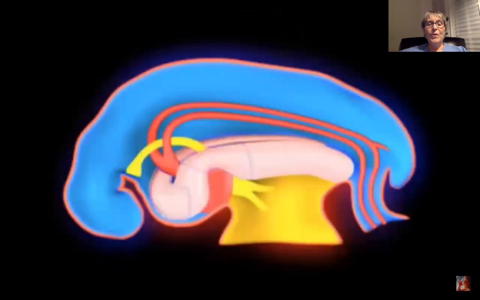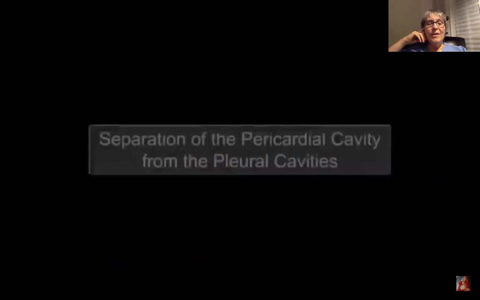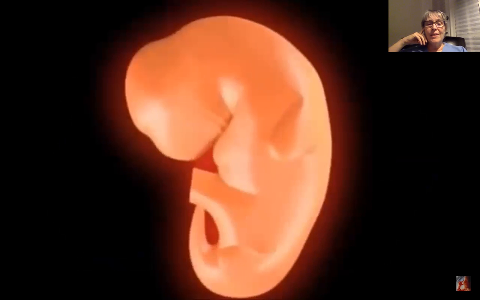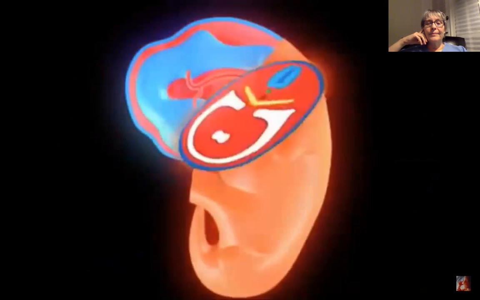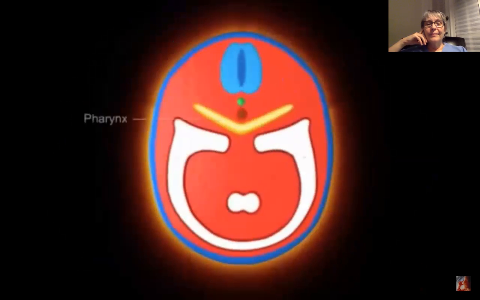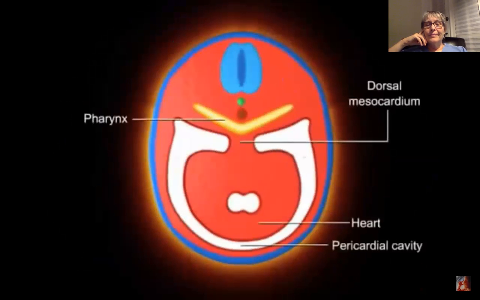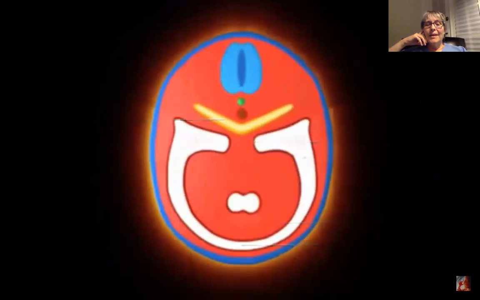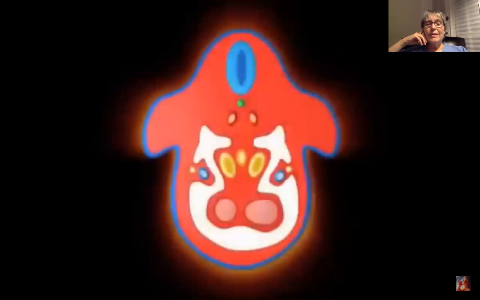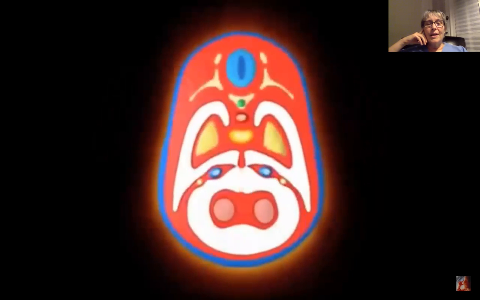So the pericardial cavity is going to be up at the top where the heart is, obviously, and now separating that pericardial cavity from the pleural cavities has to take place. It's also three-dimensional, actually four-dimensional because it's in time.